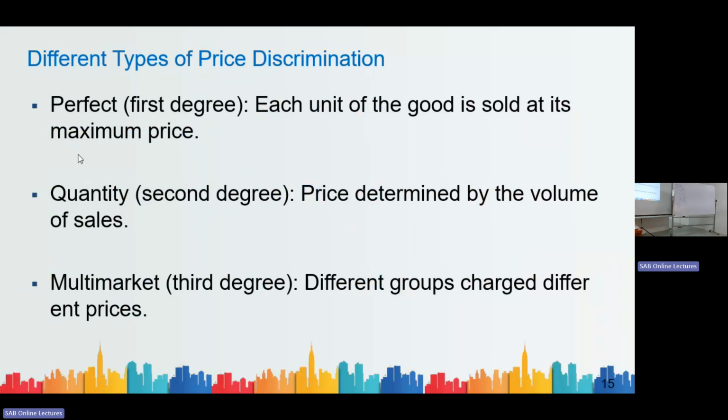Second degree price discrimination happens in two ways. In quantity, in bulk purchases. Bulk purchasing.